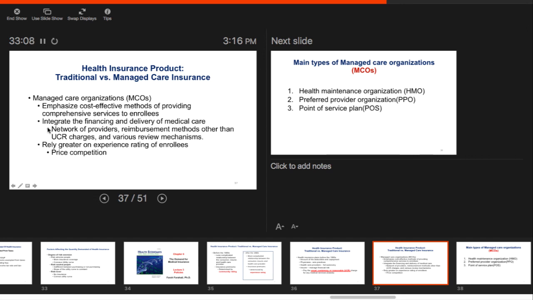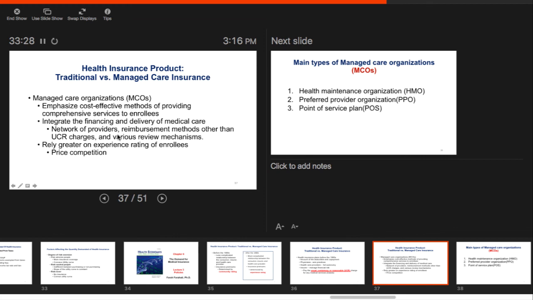So after the 1980s, there was an integration of the financing and delivery of medical care, to manage both the providers and the consumers to choose the most cost-effective methods of medical care.